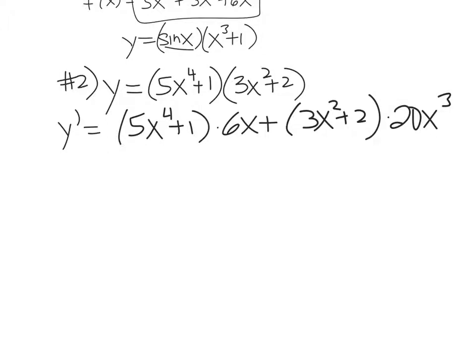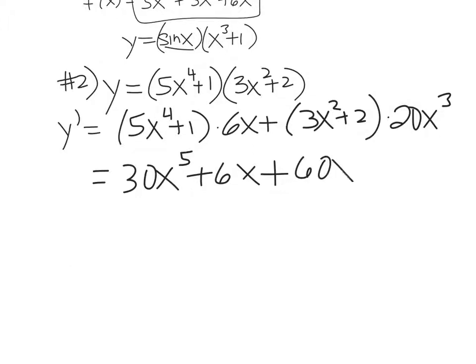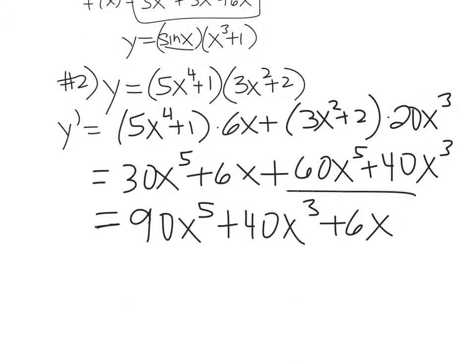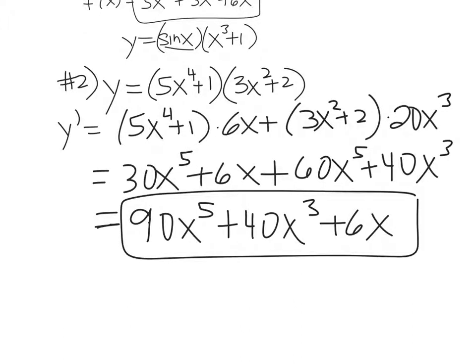And then go ahead and distribute, and you get what? 30x to the 5th plus 6x plus 60x to the 5th plus 40x cubed. Did you get 90x to the 5th plus 40x cubed plus 6x? Okay, and then they could ask you maybe to take the second derivative of that, stuff like that.